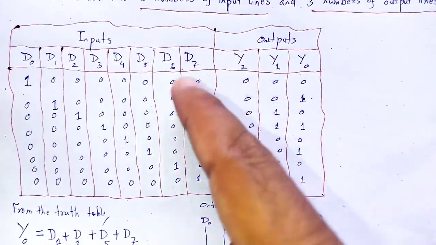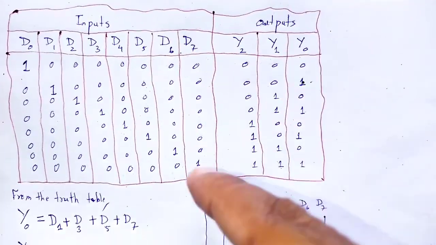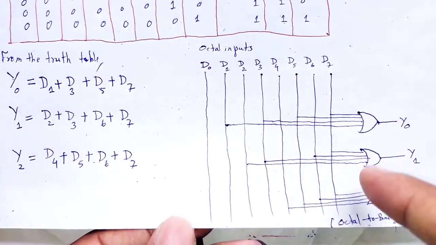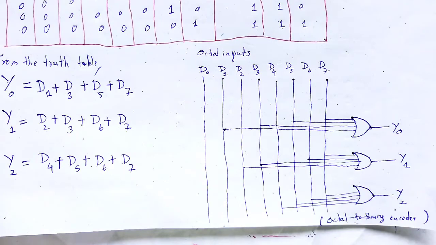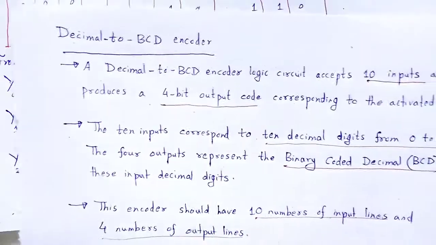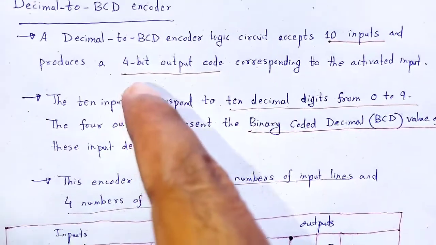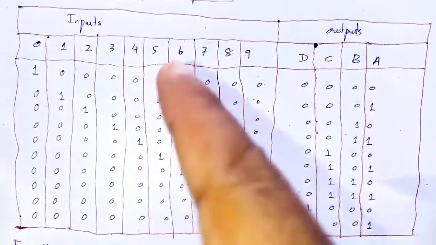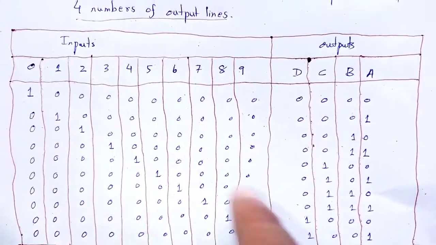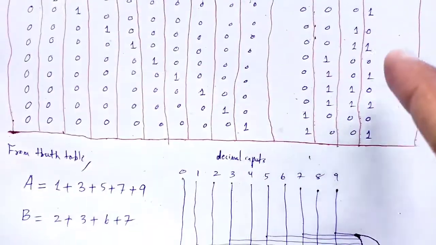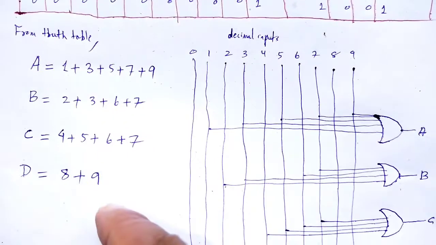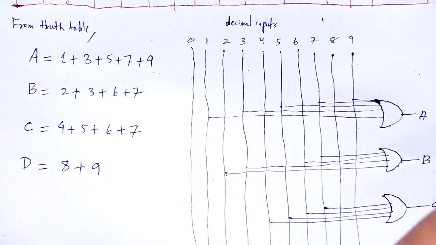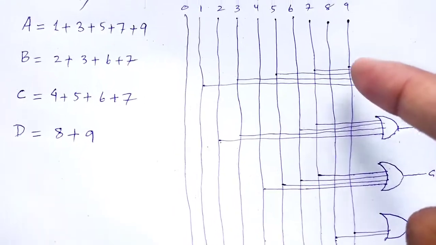From the truth table we construct the boolean expression and its logic circuit. Next kind, the decimal to BCD encoder, has 10 inputs and 4 outputs. From the truth table we take the boolean expression, and using that we implement the decimal to BCD encoder.